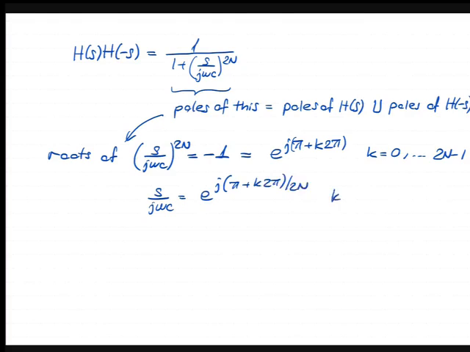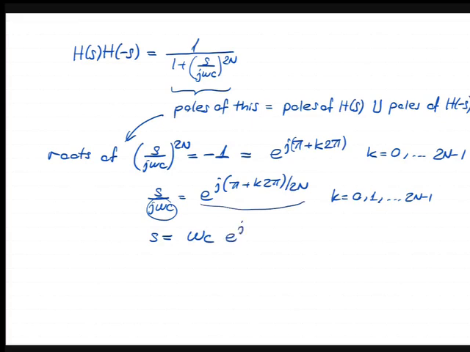And those are the poles of h of s times h of negative s. Oh, and then there's this term, let's not forget that. So s is going to be omega c, which is just a scaling factor, the cutoff frequency, times j times this.